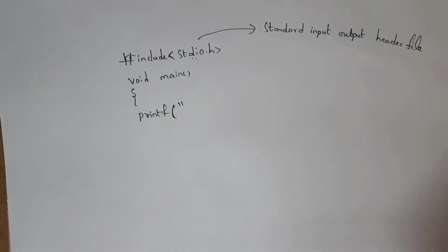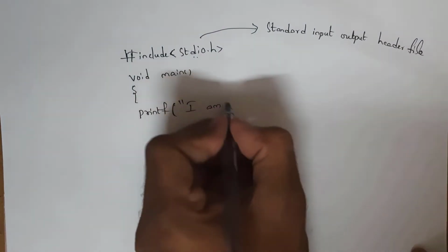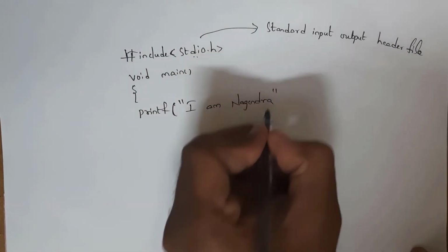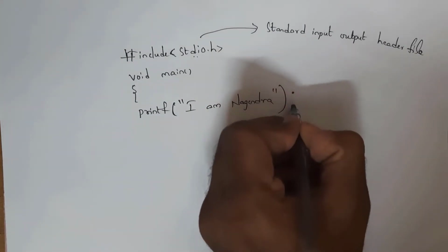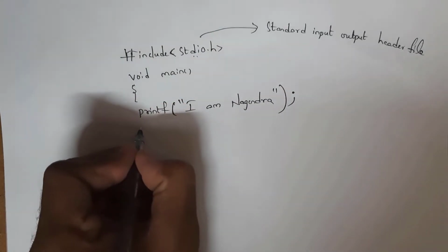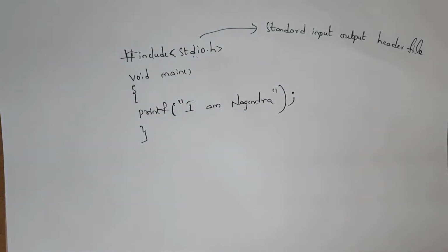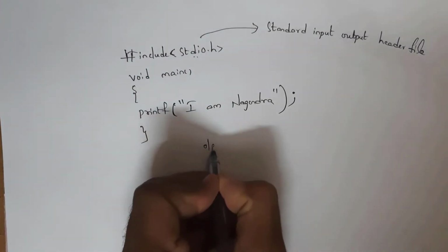For example, I want to print text that is I am Nagendra. So inside double quotations I am writing I am Nagendra and close double quotations and close bracket. Definitely you need to give semicolon, otherwise it will display error. So definitely you need to give semicolon and close curly bracket. Whenever you execute this program, you will get output as I am Nagendra.